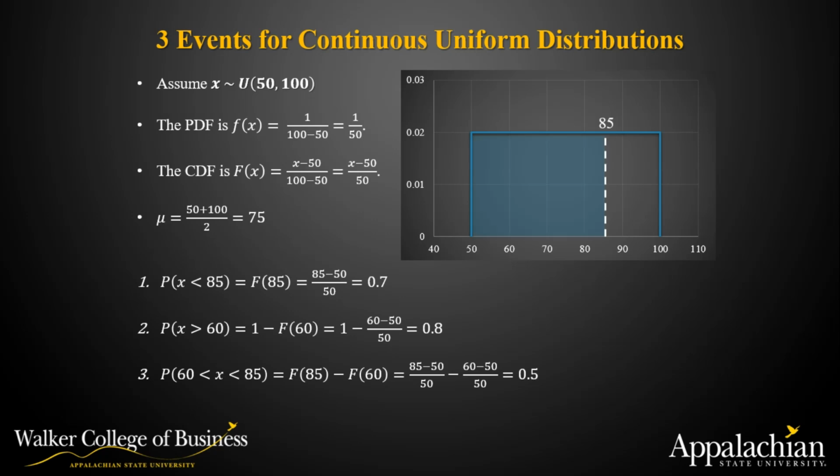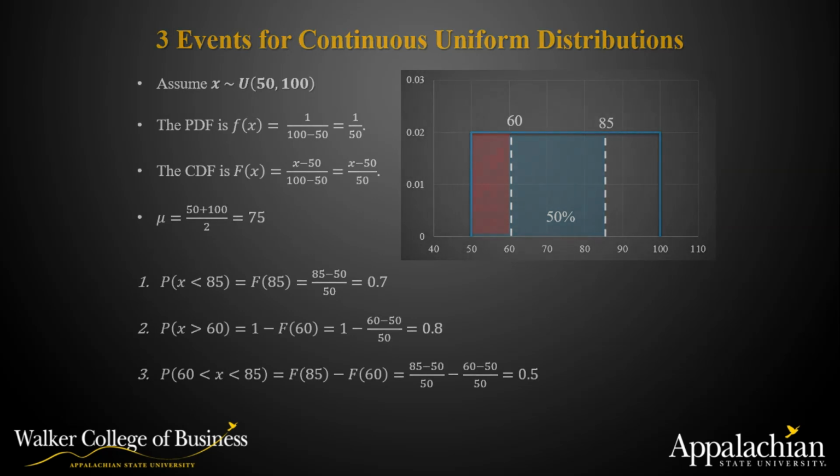So in the first case, we see the chances of getting less than 85, or 85 minus 50 over 50, is going to be this entire blue shaded region. And then we're going to subtract this red shaded region, which is the chance of getting less than 60, which will give us the remaining 50% that we see here.